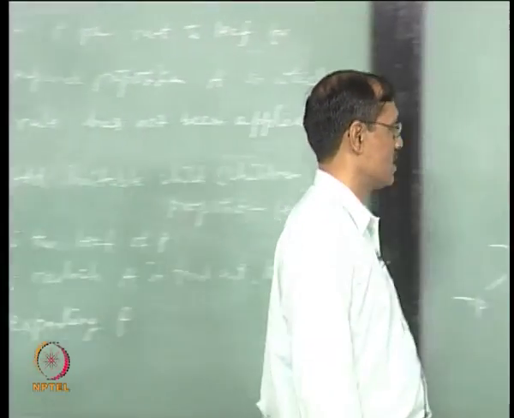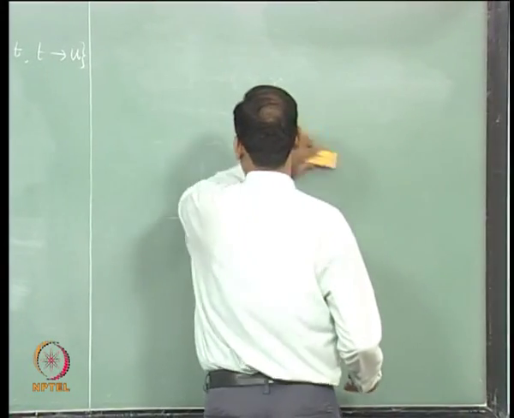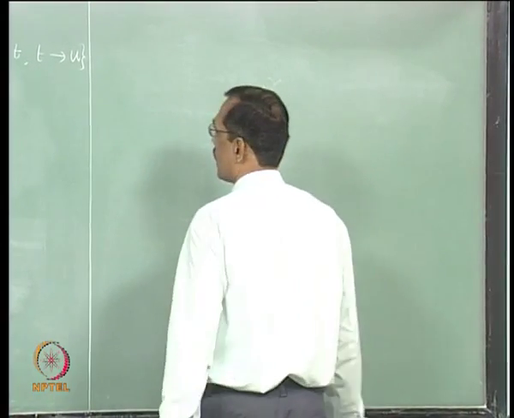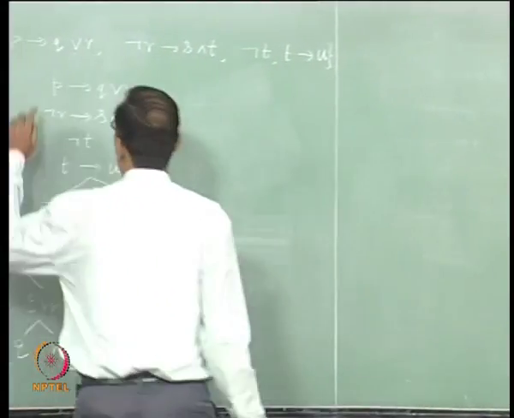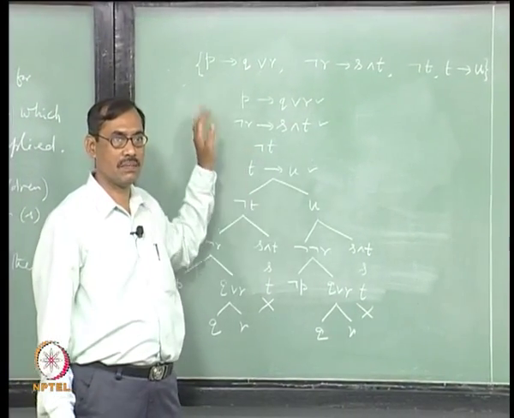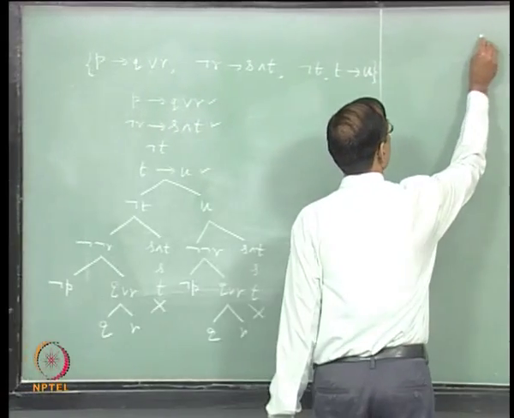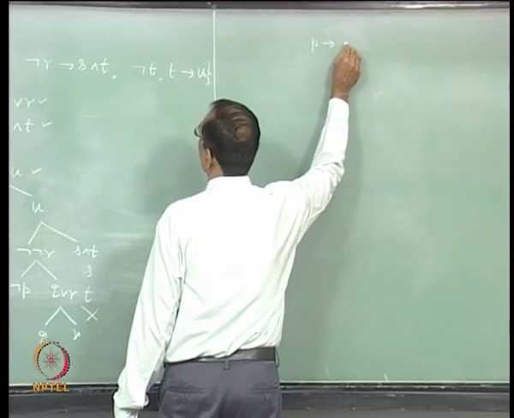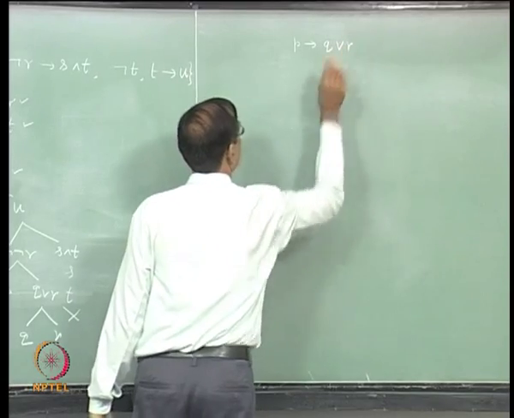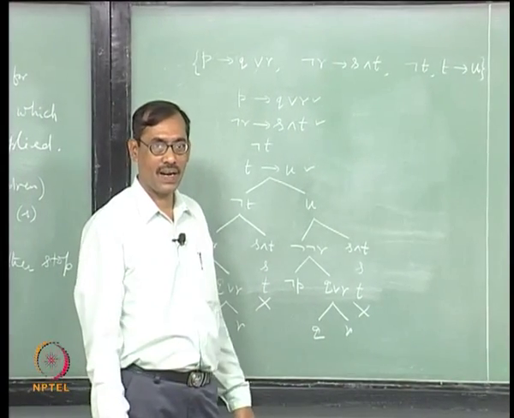Now let us see your question, what happens here, how to develop a systematic table for this set. Okay. So suppose you take these propositions as they are ordered, that is my sigma, as they are written, that is my ordering. So I start with the first proposition, which is P implies Q or R, that finishes my stage 1. Okay.